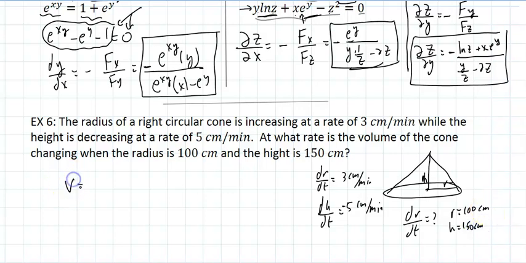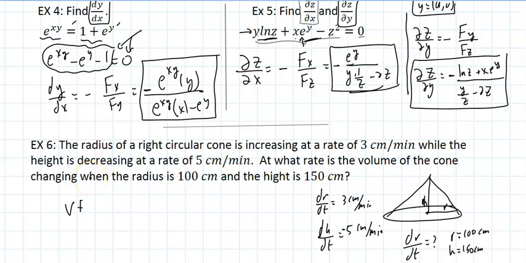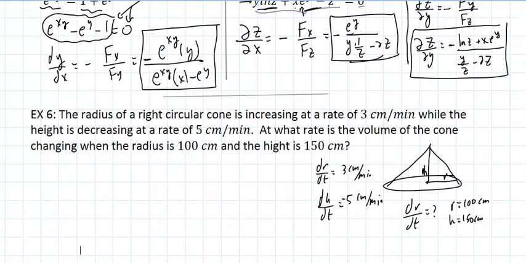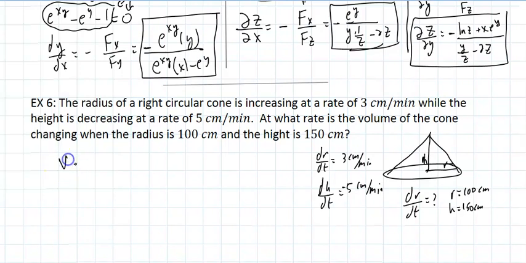Well, what's the volume of a cone? The volume of a cone is 1/3 pi r squared h. And if I take the derivative of V with respect to t, which is really what they want, actually they want dV/dt. Now, I know you could do this implicitly.